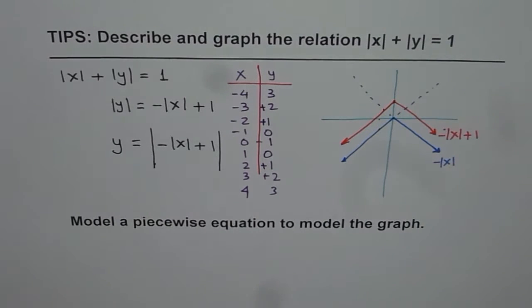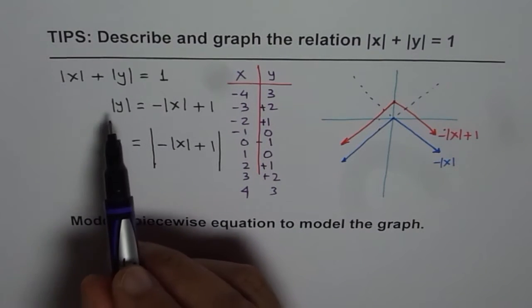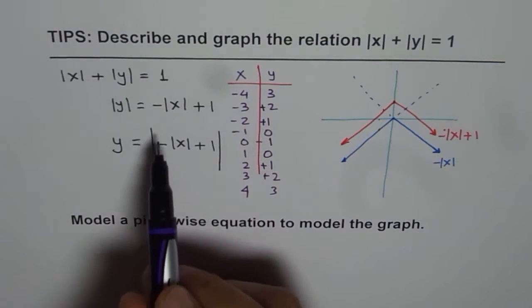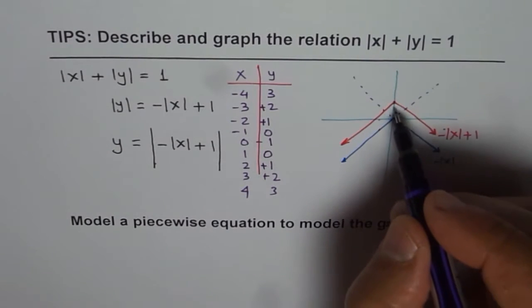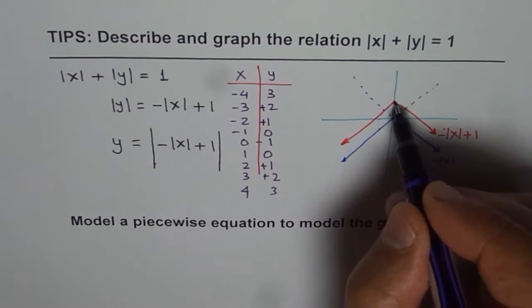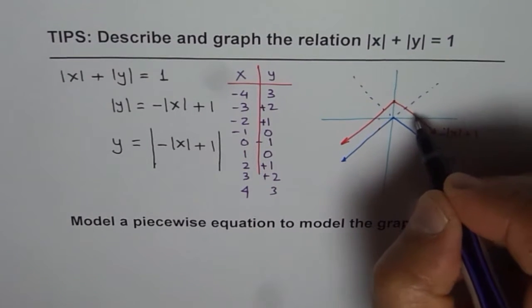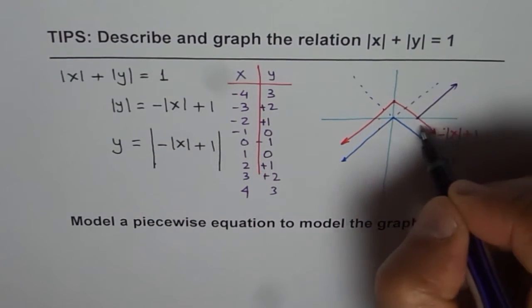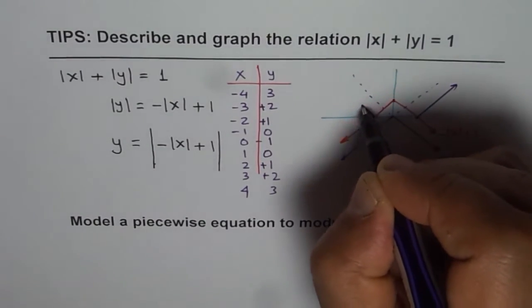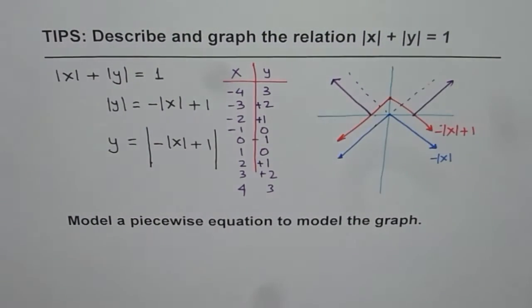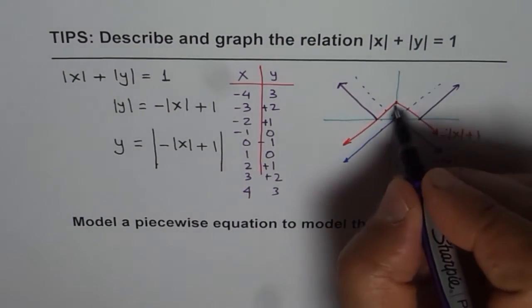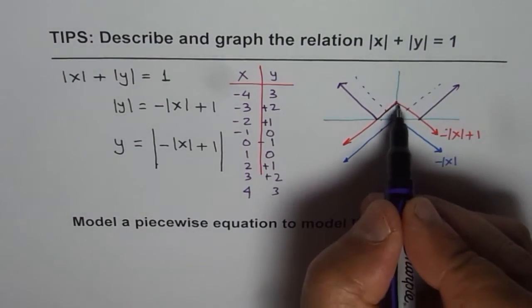Now if you have to sketch absolute y, which is the absolute value of all this, that means all the positive part remains the same, but the negative part flips. So this portion flips, and we have this as our function. This part remains the same.